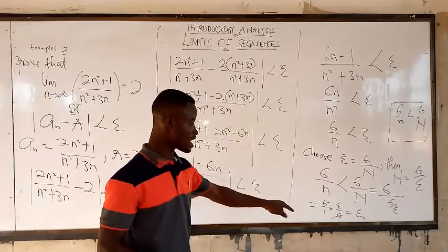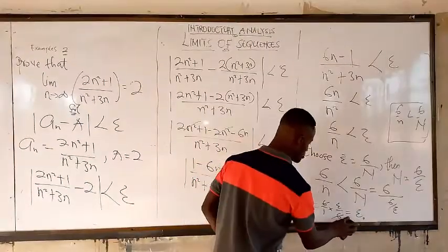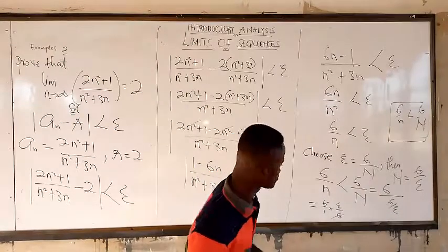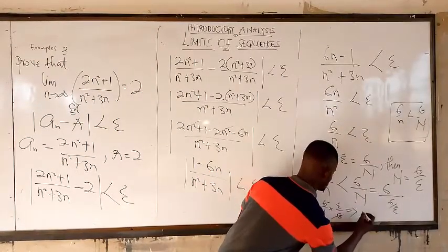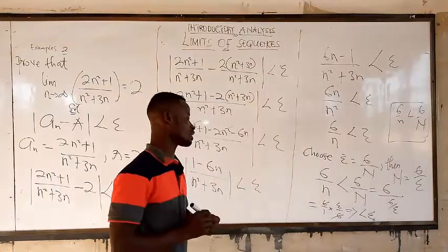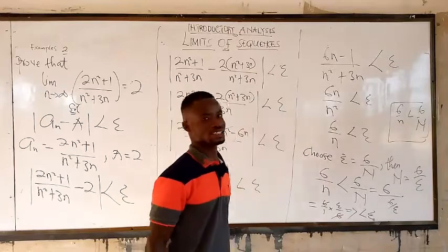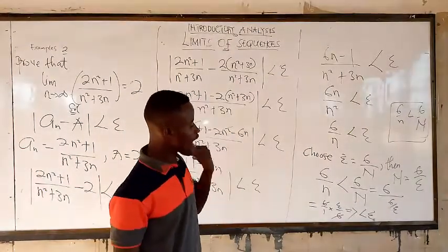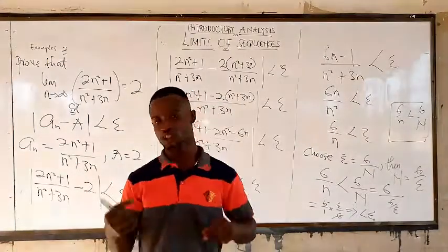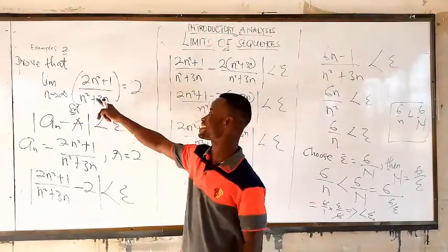So this is going to be less than epsilon. This just implies that this is less than epsilon. And now, since we have our results to be epsilon being the greater, it means that we have successfully reached our proof that this is equal to 2.